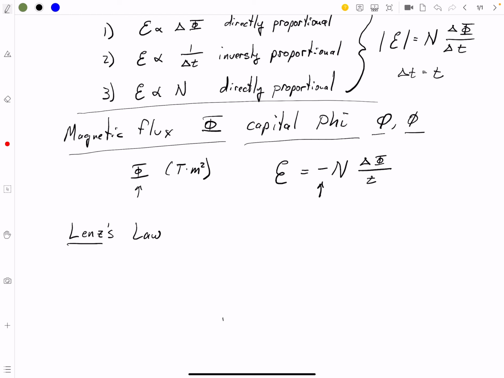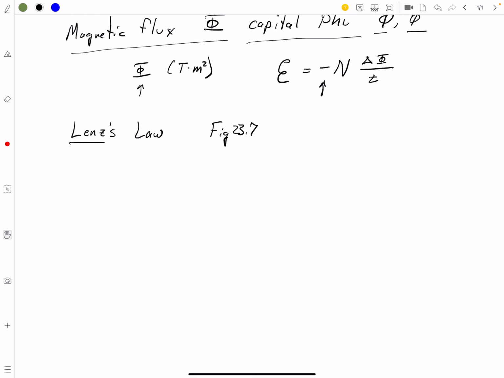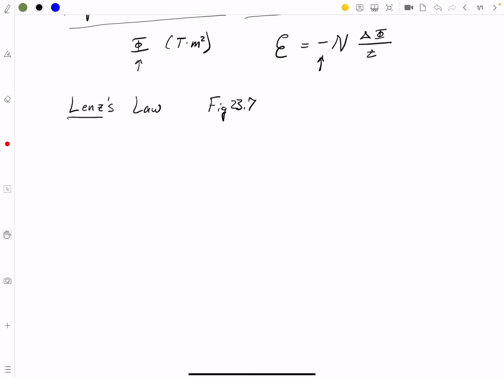And if you want to look at figure 23.7, it's a good diagram describing Lenz's law. So I'm going to try and recreate a similar drawing. Hopefully I'll be able to get Lenz's law in here.